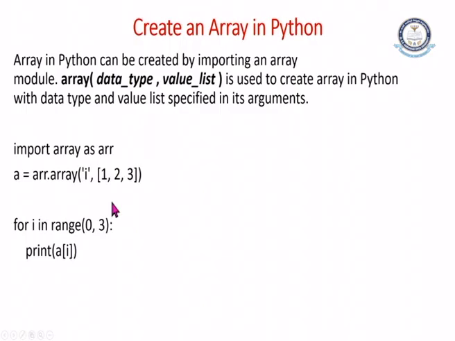A of I: the 0 index will print 1, the next index 1 will print 2, and the second index will print 3. So like this you can create the variables in Python.